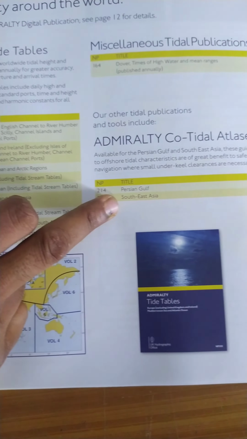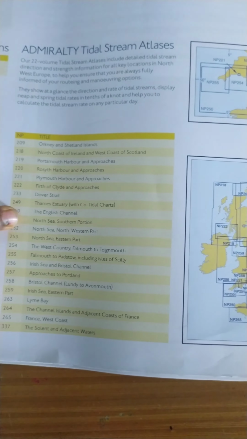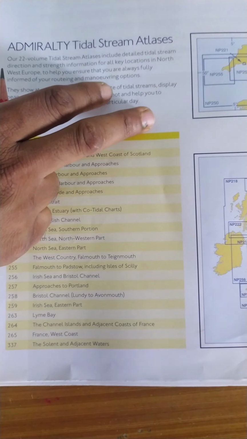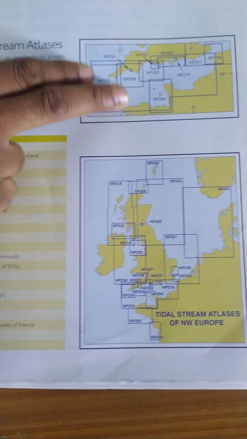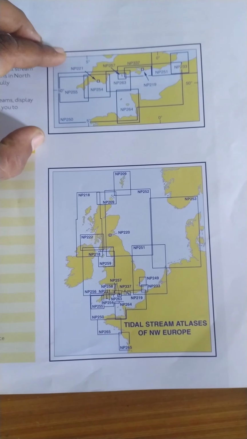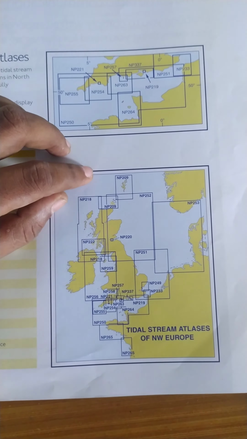Next comes the co-tidal atlases, tidal stream atlases, and whenever there is a section, they will be giving you a worldwide section with which you can find out which chart or publication applies to your voyage.